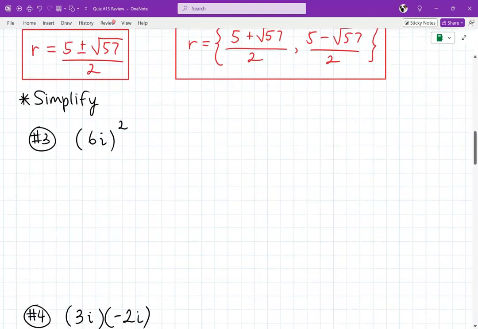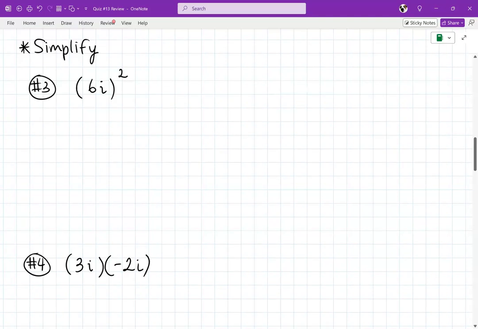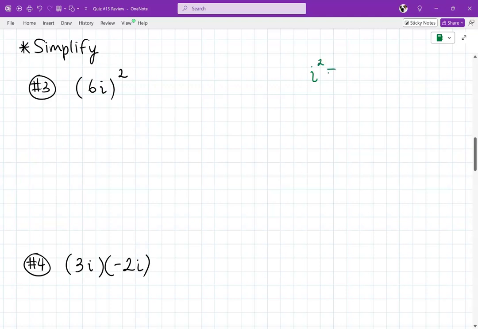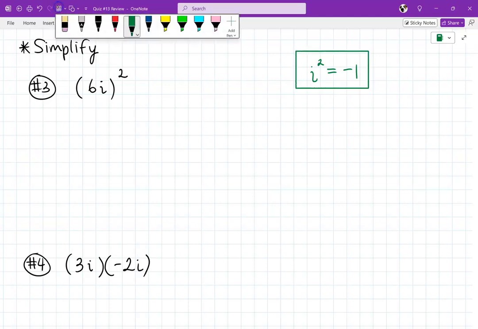So from here, we're going to go on to doing things with complex numbers. Okay? Now, remember that i squared is negative 1. Okay, remember that. That's the important part. So i squared is negative 1.